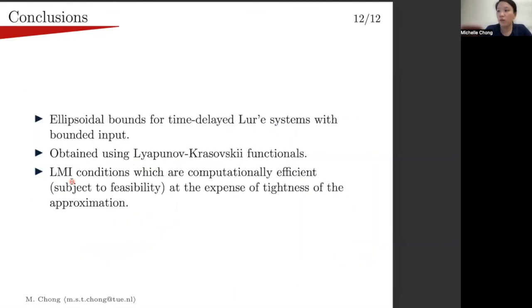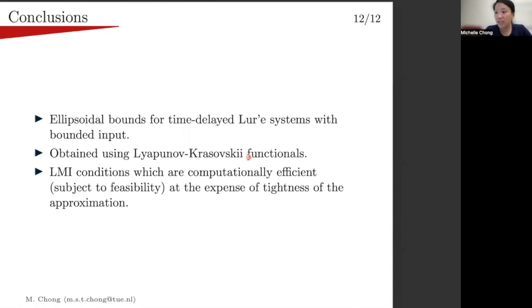To conclude, we have over-approximated the reachable set of a Lur'e type time delay system with bounded inputs using ellipsoids, which we have obtained using Lyapunov-Krasovskii functionals. This boils down to linear matrix inequality conditions, which are computationally efficient if they are feasible.